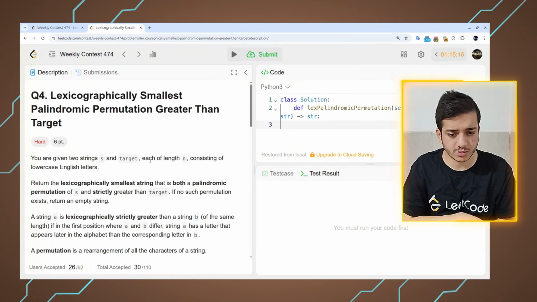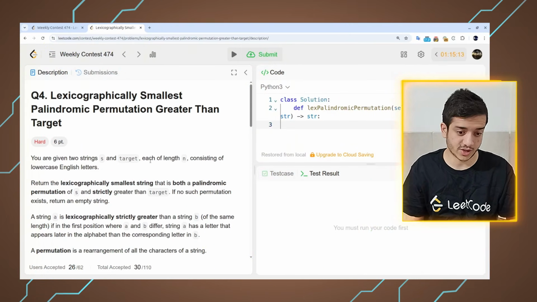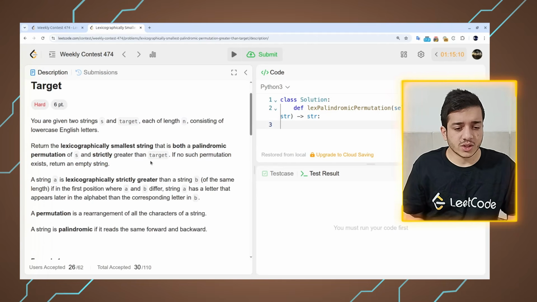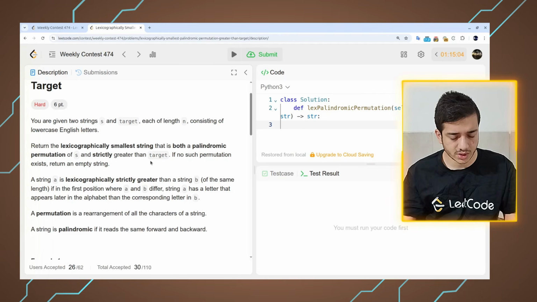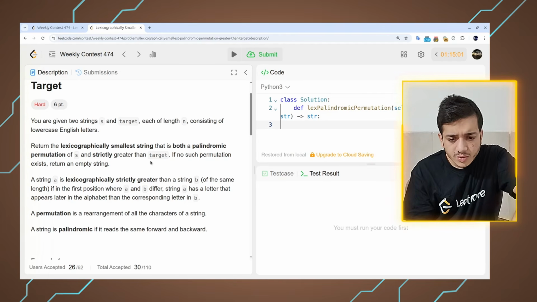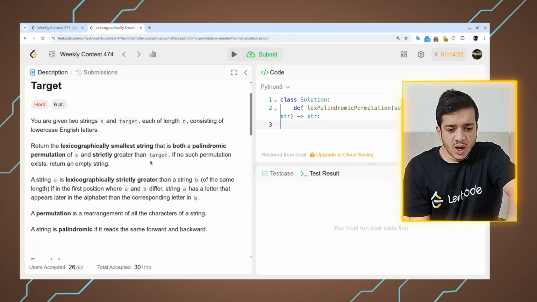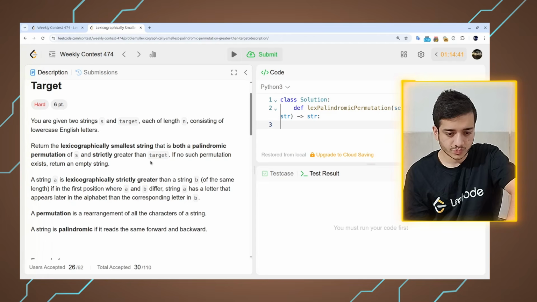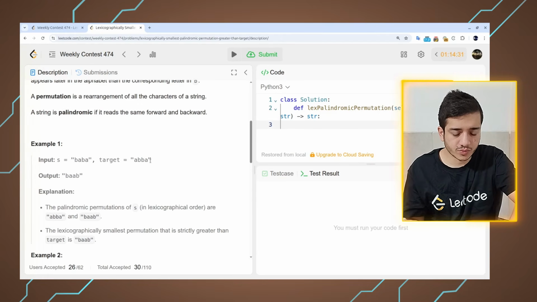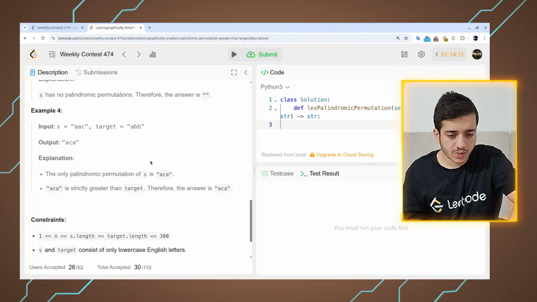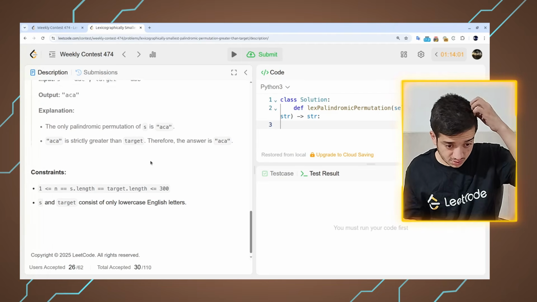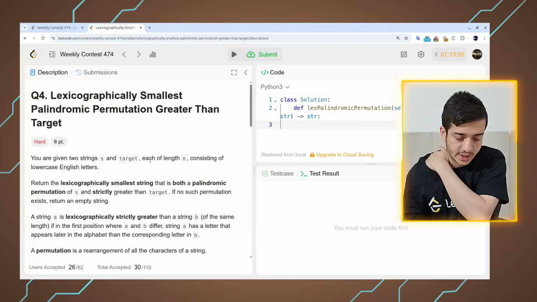Lexicographically smallest palindromic permutation greater than target. Okay. You are given two strings, S and target, each of length n consisting of lowercase English letters. Okay.